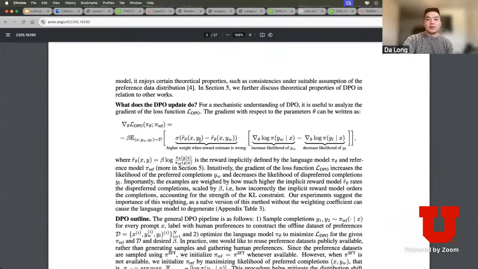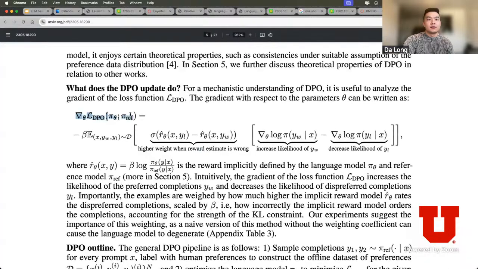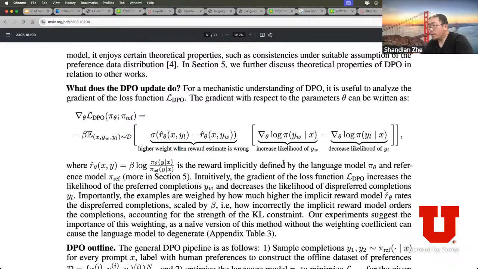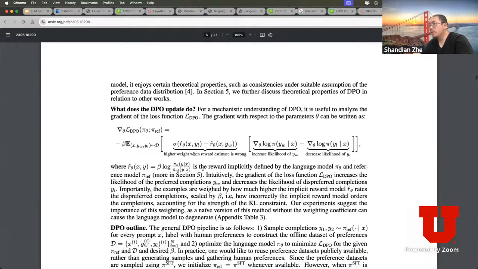And they explain what the gradient does: increase the likelihood of the better answer and decrease the likelihood of the bad answer. But they still have a reward, R theta. What does R theta hat mean? Oh, okay. So they define a reward model like this.